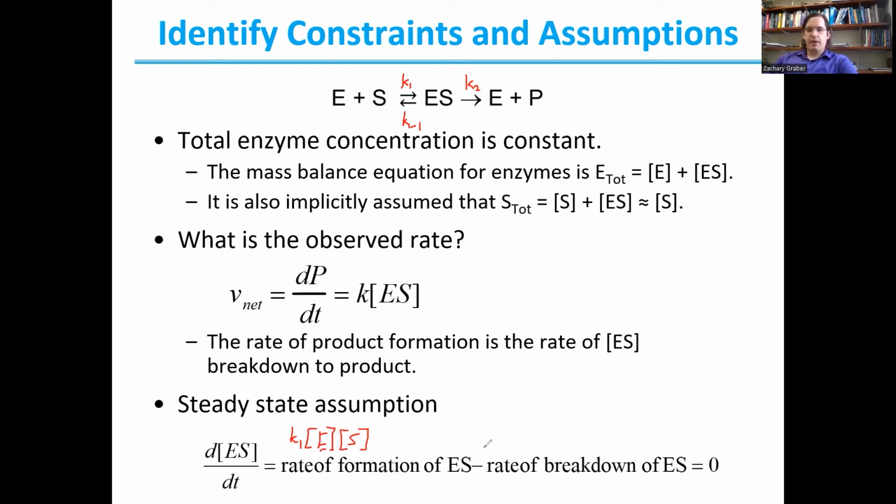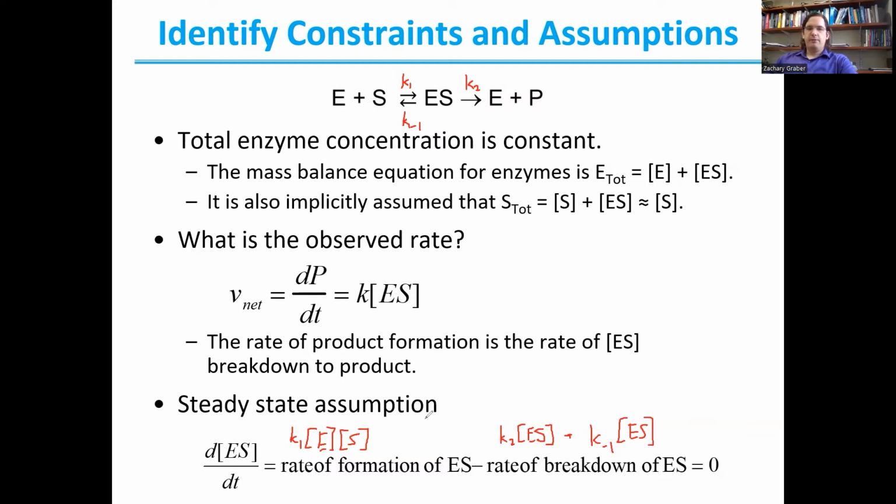The rate of breakdown of the enzyme substrate complex is based on the rate that our product forms, and it's also based on the rate that the enzyme substrate complex breaks down. So this would be K minus 1 times the concentration of the enzyme substrate complex. So each of these rates should be equalized based on our steady state assumption.